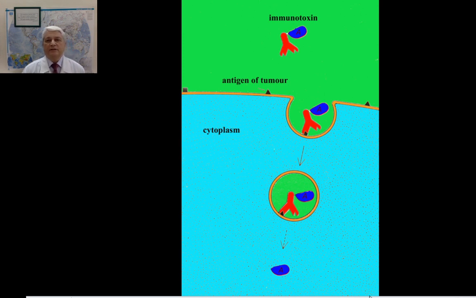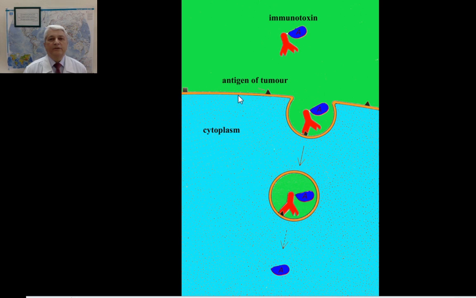Then, how to use it? If we inject such immunotoxin, the molecule of immunoglobulin with the molecule of drug, into the human body, this antibody will find special antigens. You remember these antigens we used for immunization of the mouse in hybridoma technology, in the right upper corner on our picture.